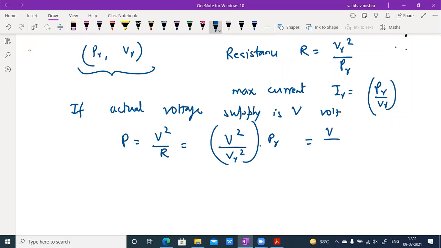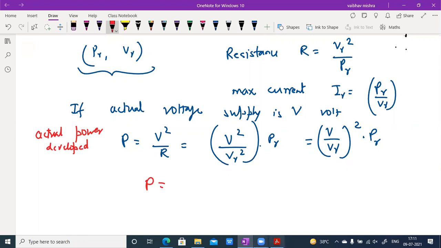So actual power developed in any resistor in any appliances having rated power PR, rated voltage VR. So in this question it says actual power produced or actual power developed in any resistor will be V square by VR square times R.